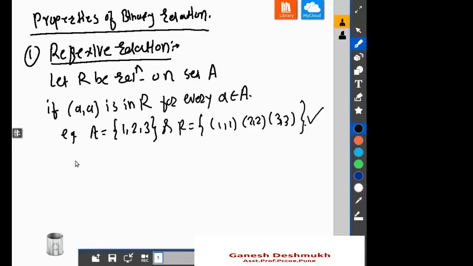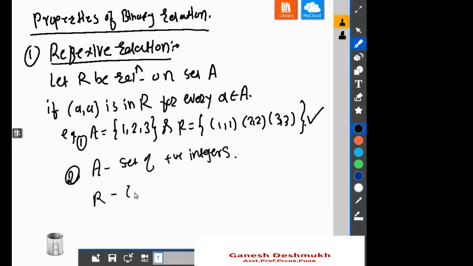Second example, let A be the set of positive integers. And let us define a binary relation R such that (A, B) is in R if and only if A divides B. So as we know, every element divides itself.